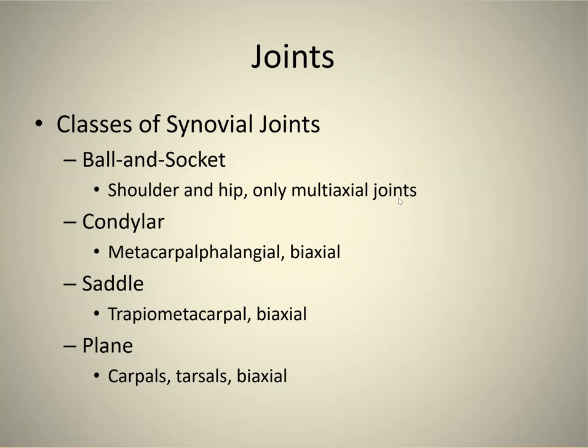Saddle joint, trapeziometacarpal, another fancy word for saying a thumb joint. That's also biaxial. And then in the bones that make up your wrist, the carpals, and the bones that make up your ankles, the tarsals, these are plane. They're just two flat surfaces that move against each other, and they're really considered biaxial joints.